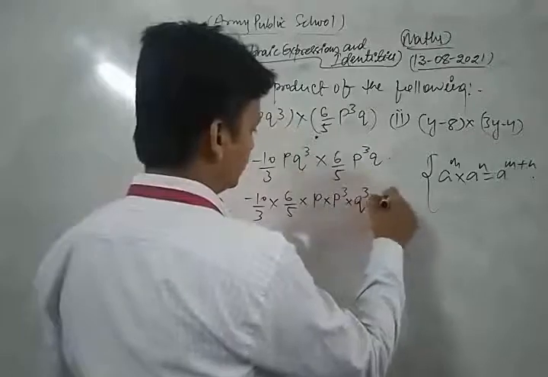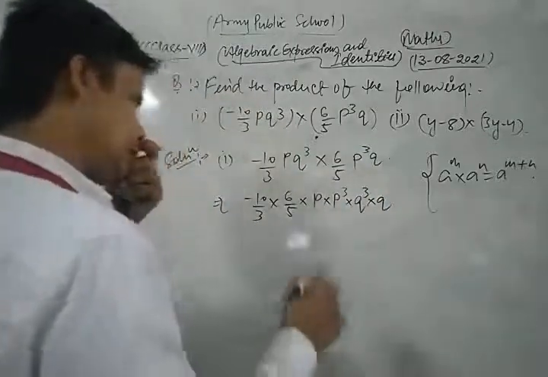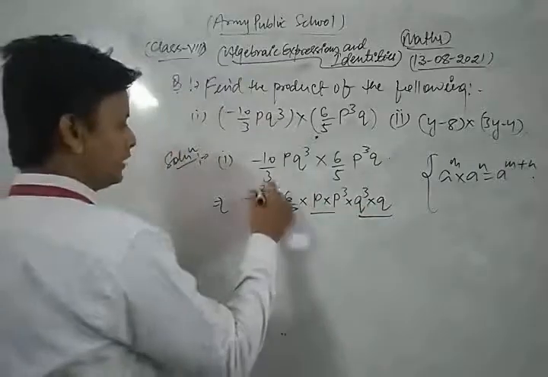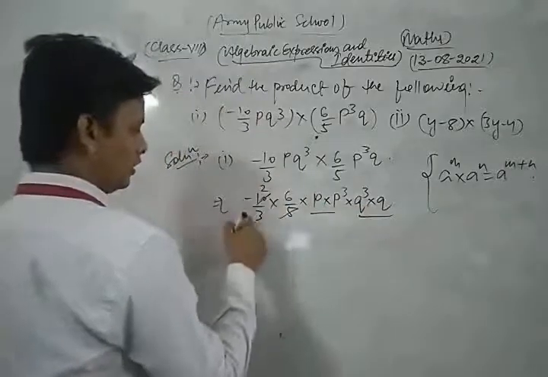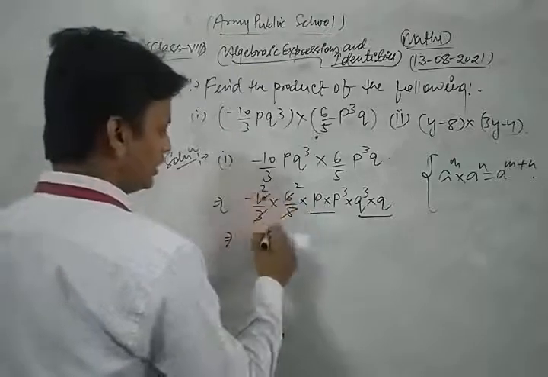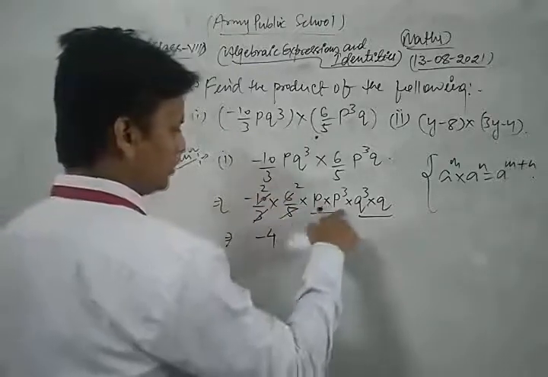Okay, now we apply that concept. 5 into 3 is 15, and 2 into 2, so this is minus 4 into p into p cube.